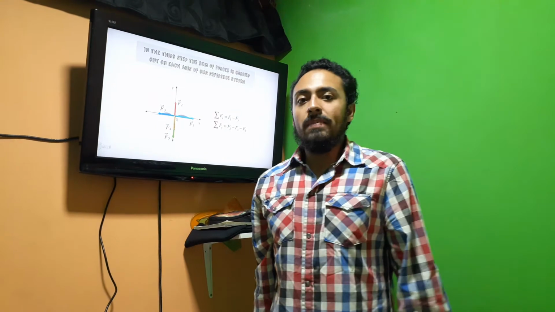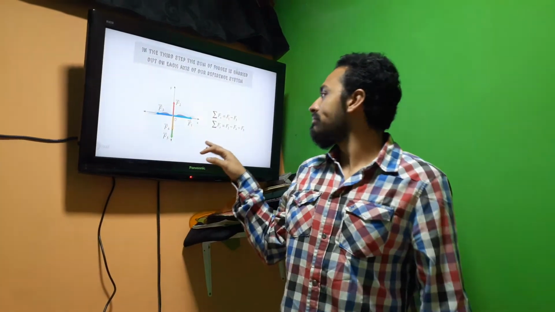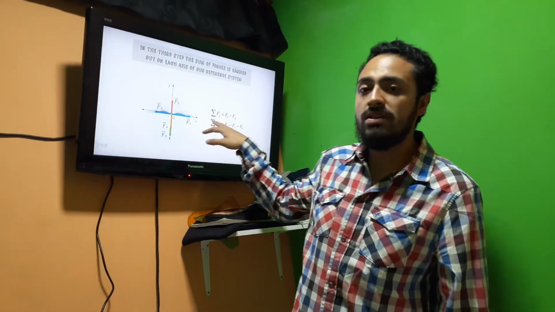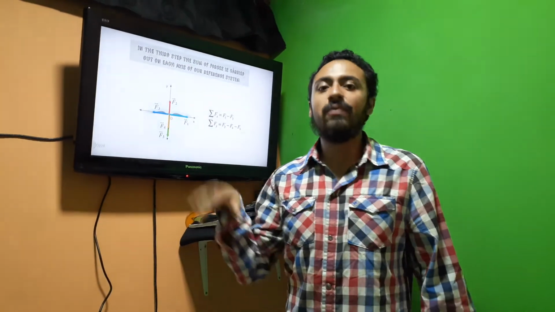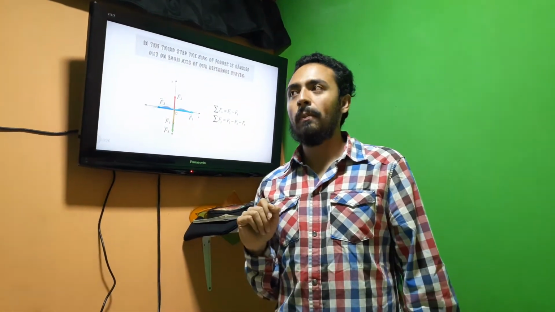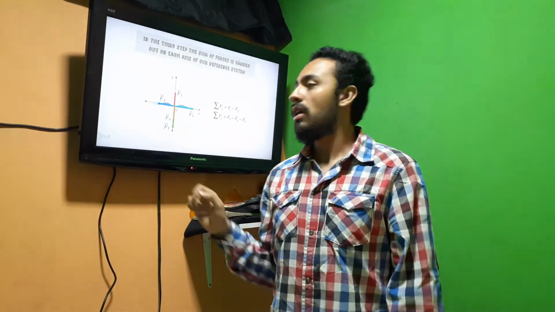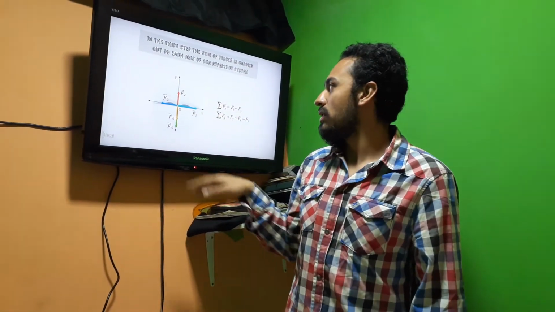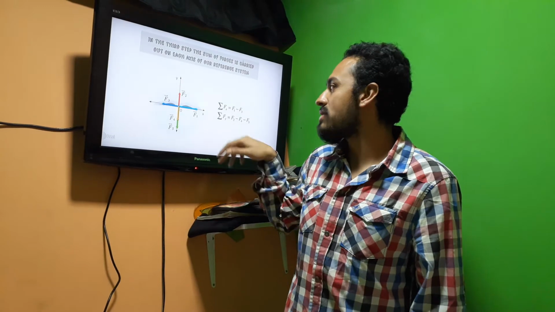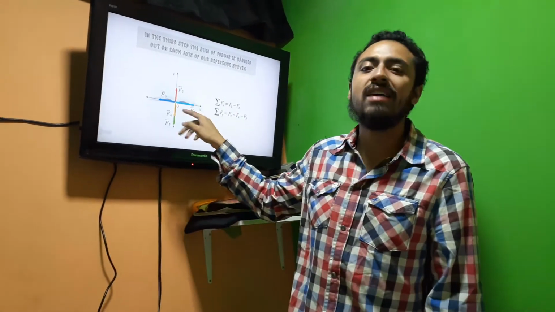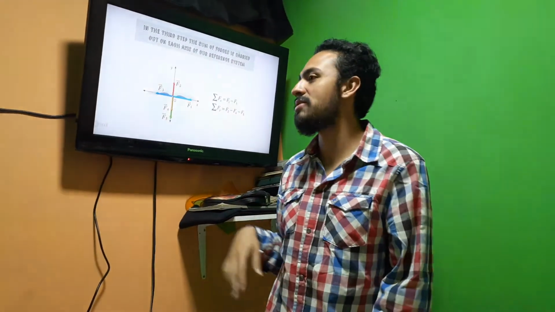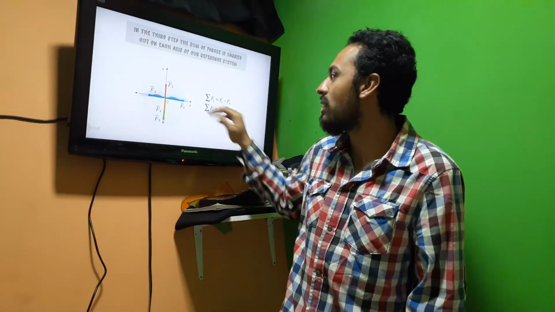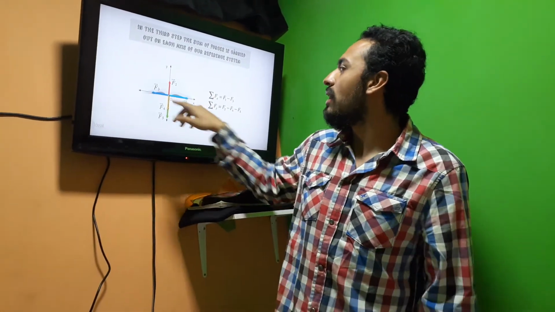The next step is the sum of forces. This is for the reference system, for example axis x, axis y and axis c.